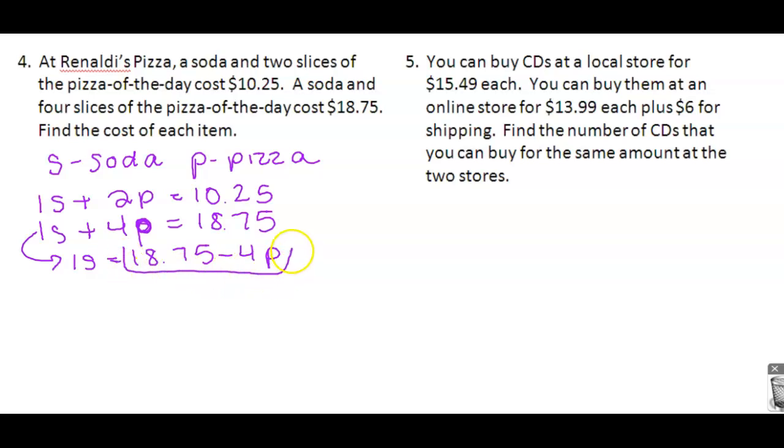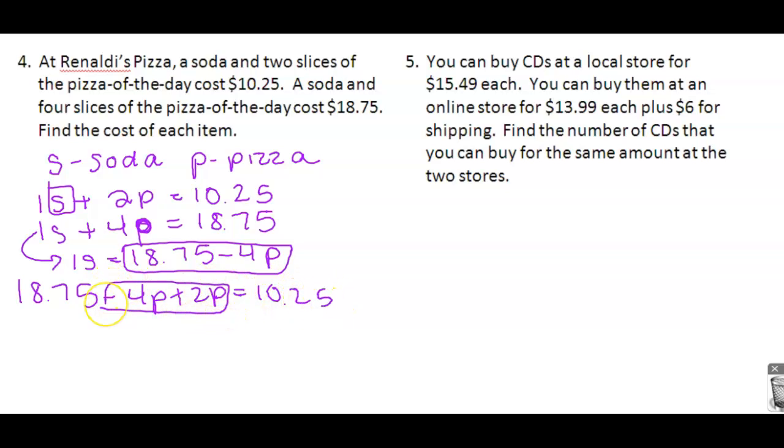Plugging this in for soda in my top equation, you get $18.75 minus 4p plus 2p equals $10.25.